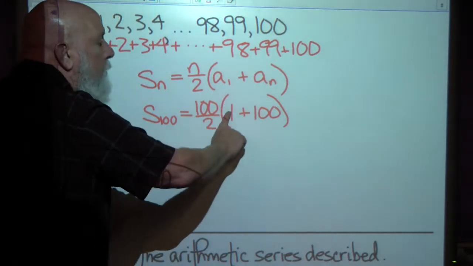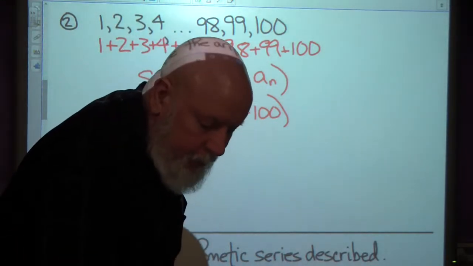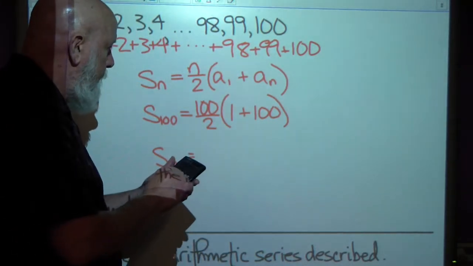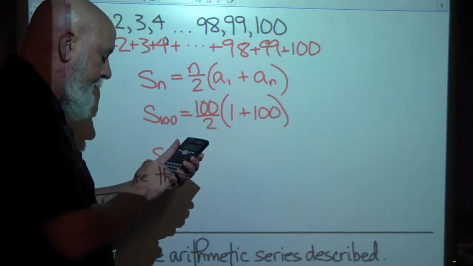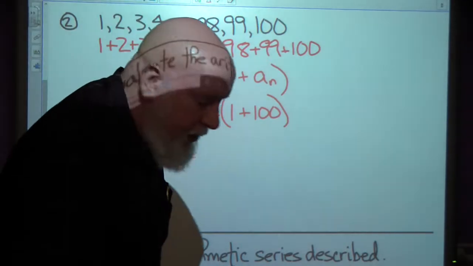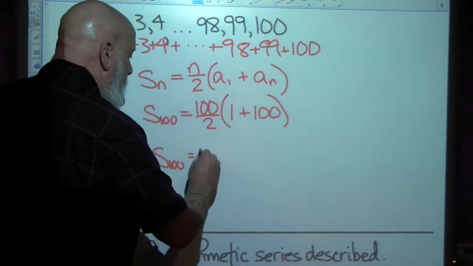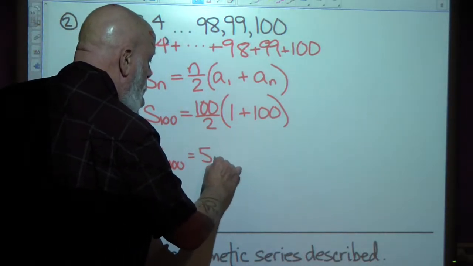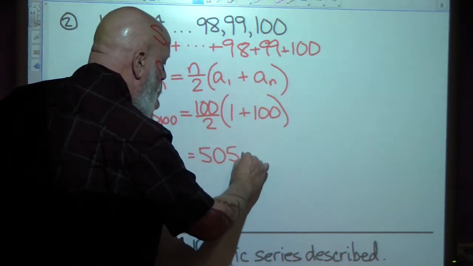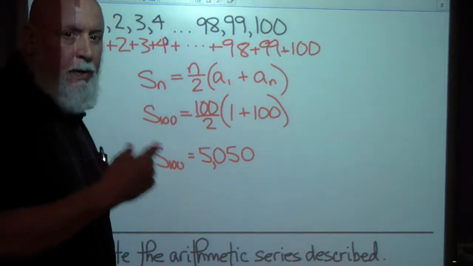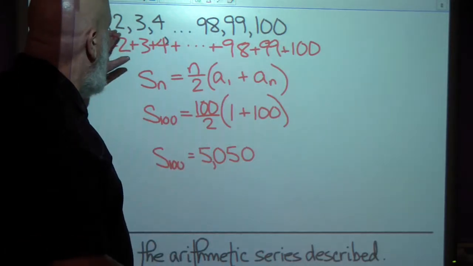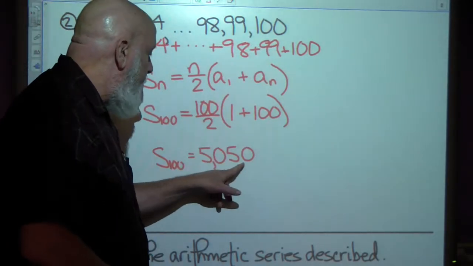This is 50 times 101. So we'll do that real quick. And that gives me 5,050. So if I add up 1 plus 2 plus 3 plus 4 plus 5 plus 6 plus 7, et cetera, you'll get 5,050.